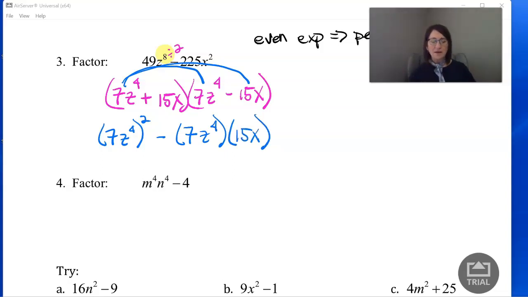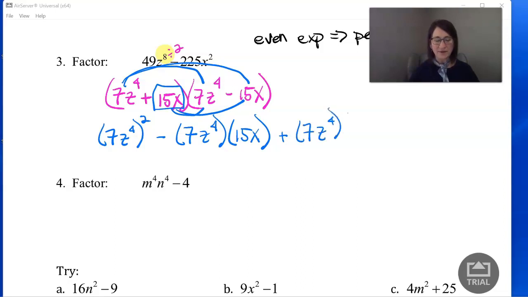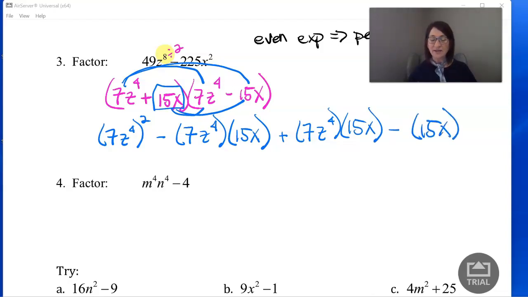Now I'm going to take the 15x in my first binomial and multiply it times each of the terms in that second binomial. So I get plus 7z to the 4th times 15x, and then minus 15x squared.